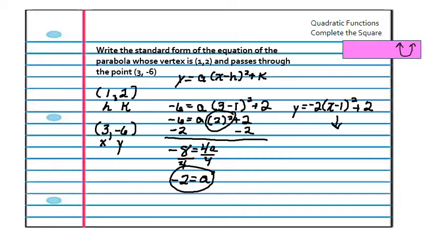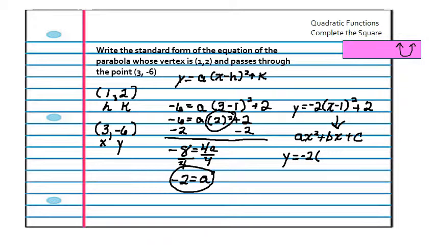Now let's say we want to take it back into general form, a basic quadratic equation of ax squared plus bx plus c. Then we're just going to have to do the math here. So y is going to end up equaling the negative 2.